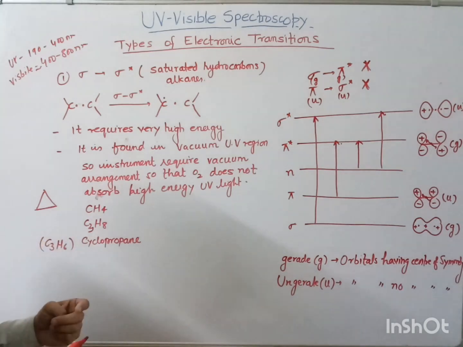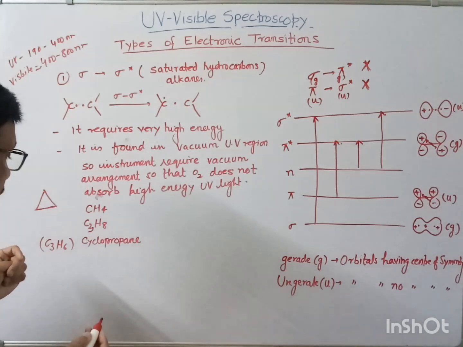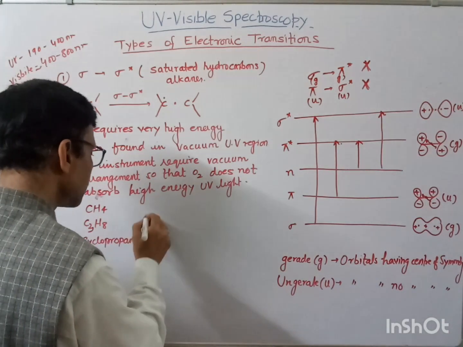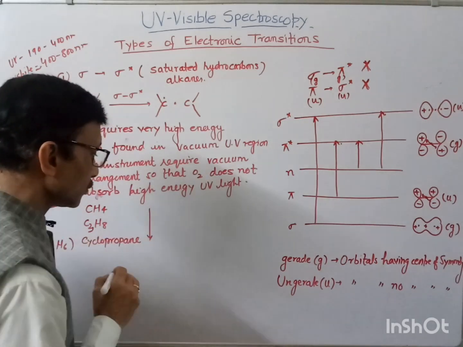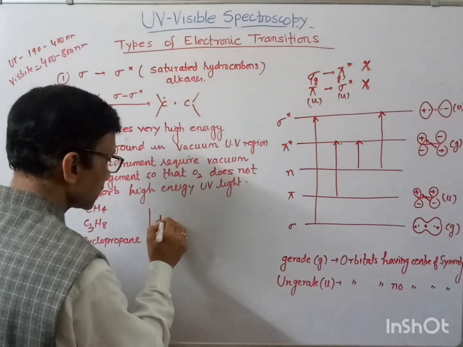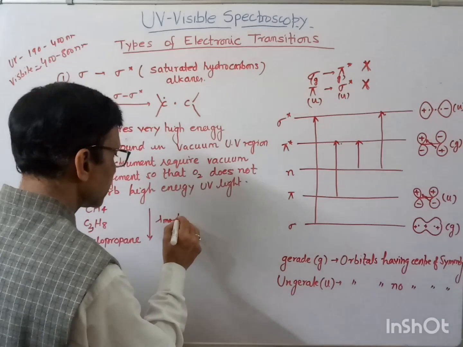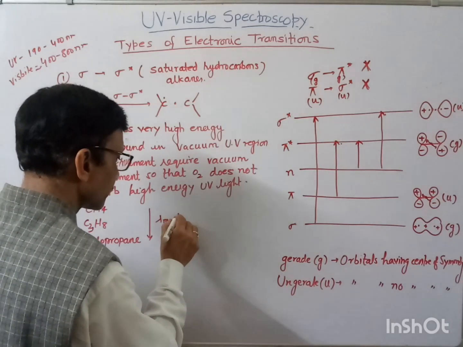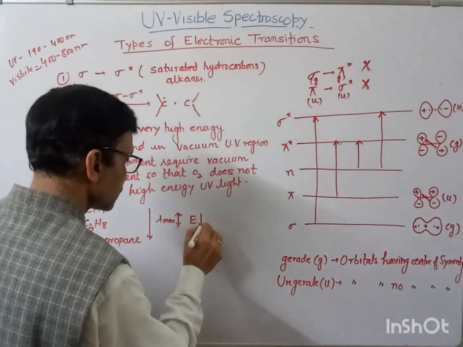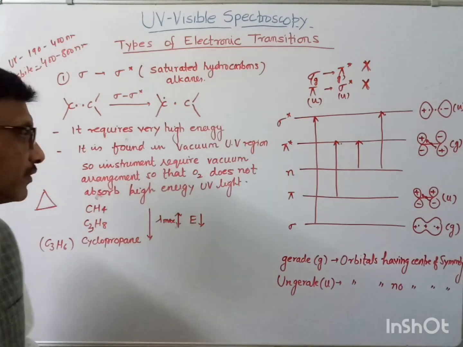Less energy means high wavelength. So from here to here, the lambda max increases as the energy decreases. As it requires less energy, it means it requires a high wavelength.